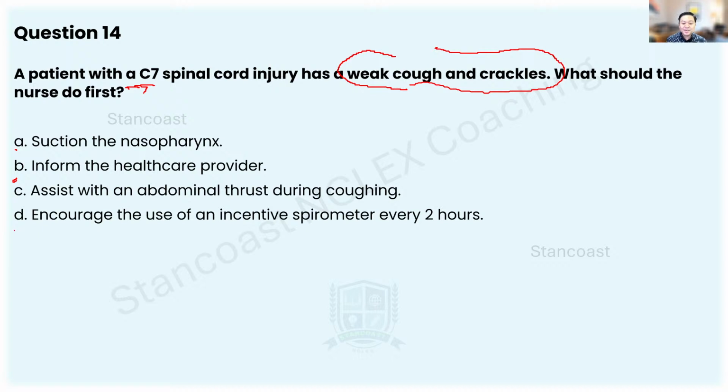If you answered letter D, you encourage the use of an incentive spirometer every 2 hours. What do you think about that? We know that it's going to be beneficial, but may not be immediately effective in this patient that has weak intercostal muscles. Guys, when you have a patient that has a C7 injury, the supporting respiratory muscles, especially the intercostal muscles, are not well functioning.